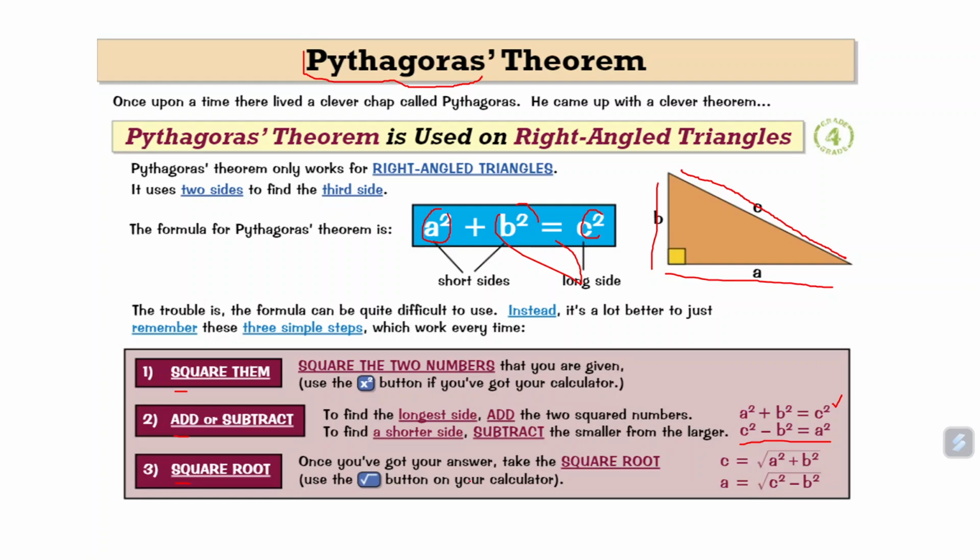Then finally, whatever you get, you find the square root. You will appreciate this more once we look at class exercises.